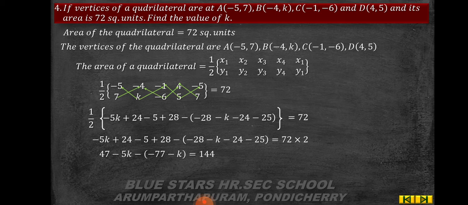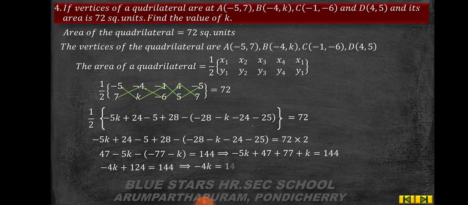So 24 - 5 + 28 is 47, minus 5k, minus of -28 - 24 - 25 is -77, minus k is equal to 72 into 2 is 144, which implies -5k + 47 plus 77, again minus into minus plus k is equal to 144. -5k + k is -4k, 47 + 77 is 124, is equal to 144.